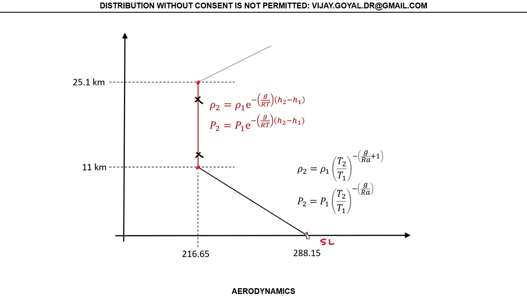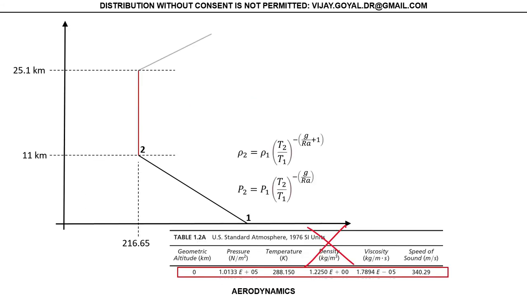However, the approach that we're going to use, just for practice purposes, is to go from here and find the properties here, and then those properties will serve as the input for the second location of my aircraft. So we have to go from point 1 to point 2.